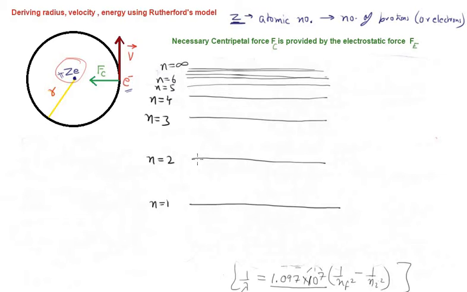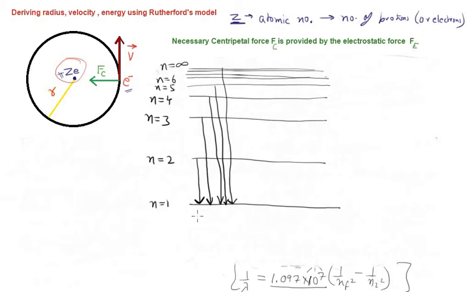Now let us see if an electron jumps from this orbit to this orbit, 2 to 1, or from 3 to 1, or from 4 to 1, we will get a series of photons, right? Or from infinity to 1 also.